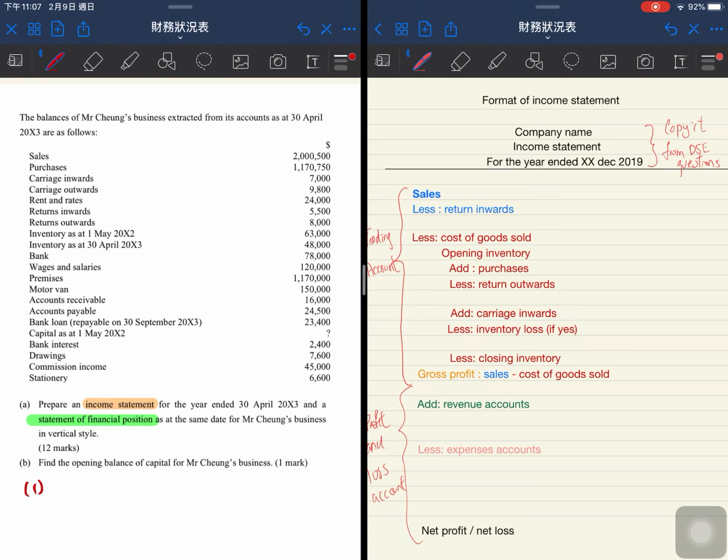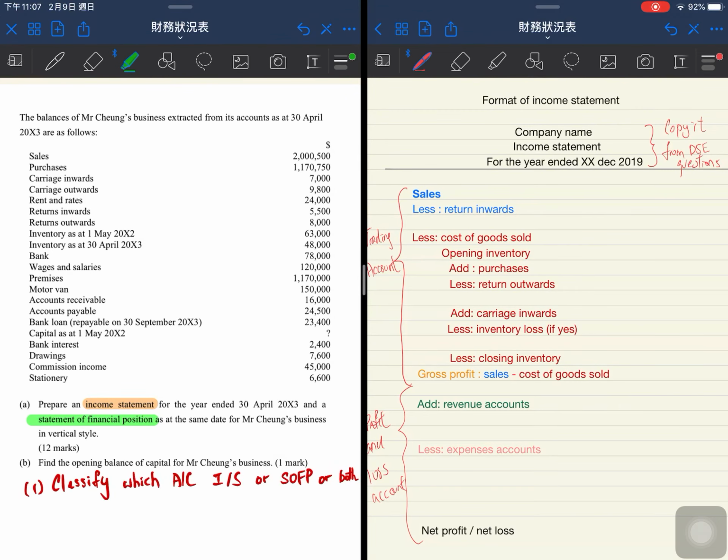So first you need to classify which account should be in the income statement, which should be in the SOFP, or both. So let's classify them one by one.